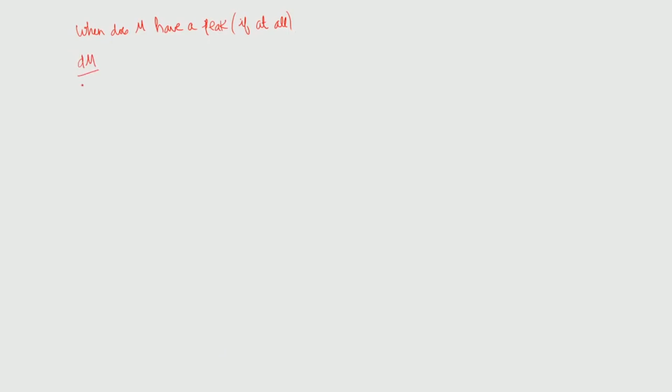So, I just look at dm by du equal to 0 to get its peak. I just do the computations. So, ur is square root of 1 minus twice zeta square, or equivalently omega r is omega n square root of 1 minus twice zeta square. Okay.